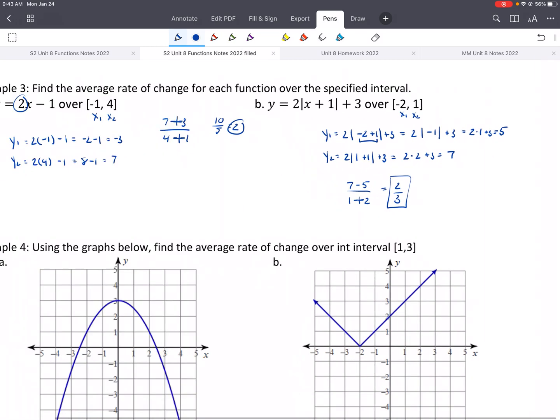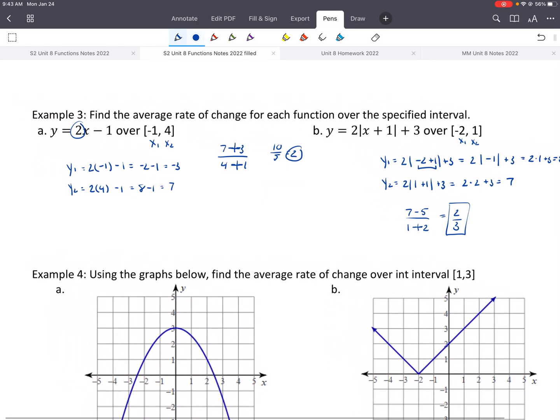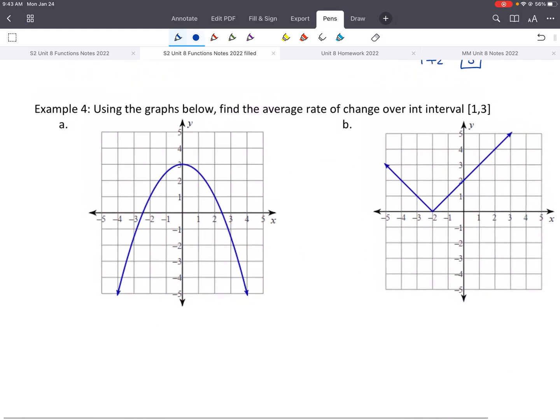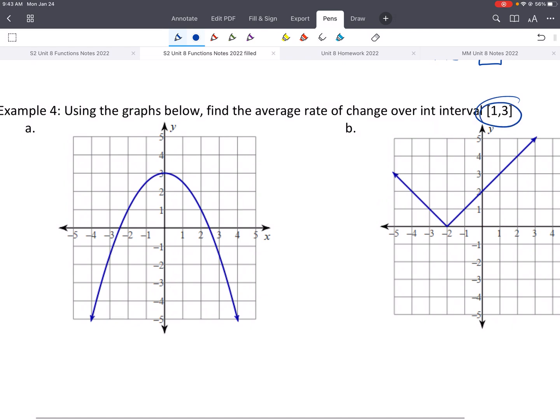All right. Okay, you could probably even, for any of these, if you prefer, if you have some graph paper, I won't provide any like that on your homework or test, but you can always do a sketch of it too if you wanted to try and find your rise over run, just like this. So here they want us to find the interval between 1 and 3. So here's 1, here's 3.